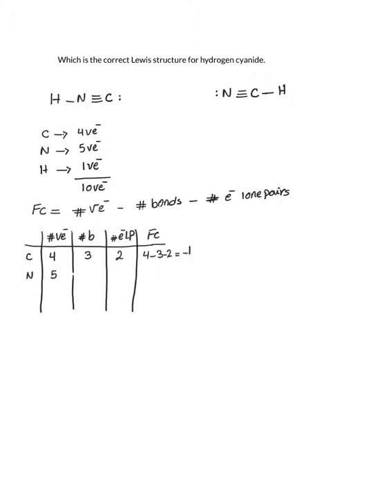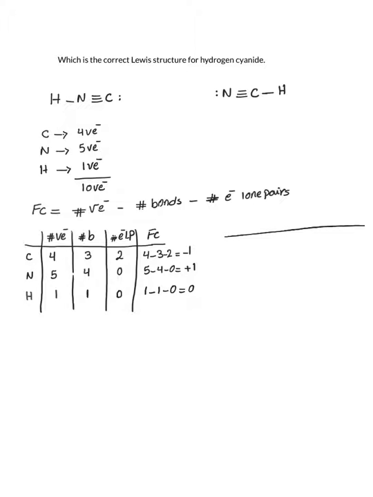It has 1, 2, 3, 4 bonds, 0 lone pairs, so 5 minus 4 minus 0 gives us +1. Hydrogen has 1 valence electron. It has 1 bond connected and 0 lone pairs gives us 0 formal charge.